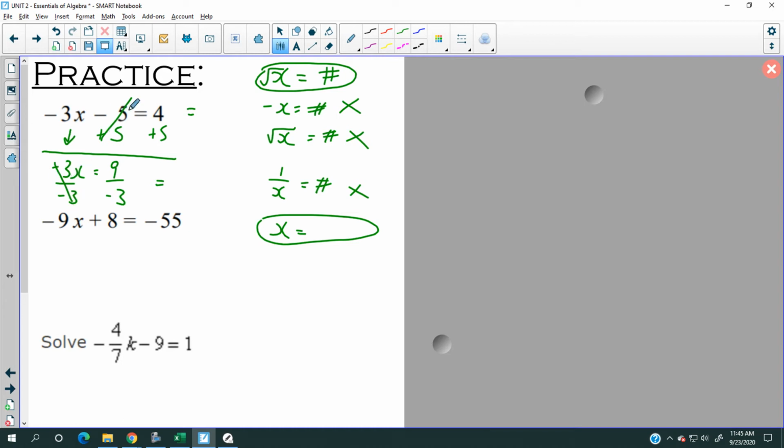When you're solving equations, you're canceling out, but here they cancel because they add up to 0, and there they cancel because they divide as 1. So I'm left with x. What's 9 divided by negative 3? Negative 3.